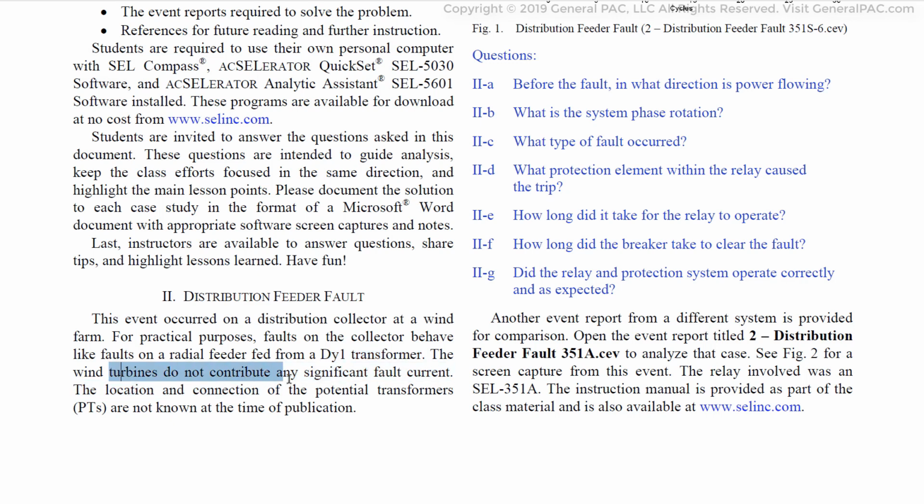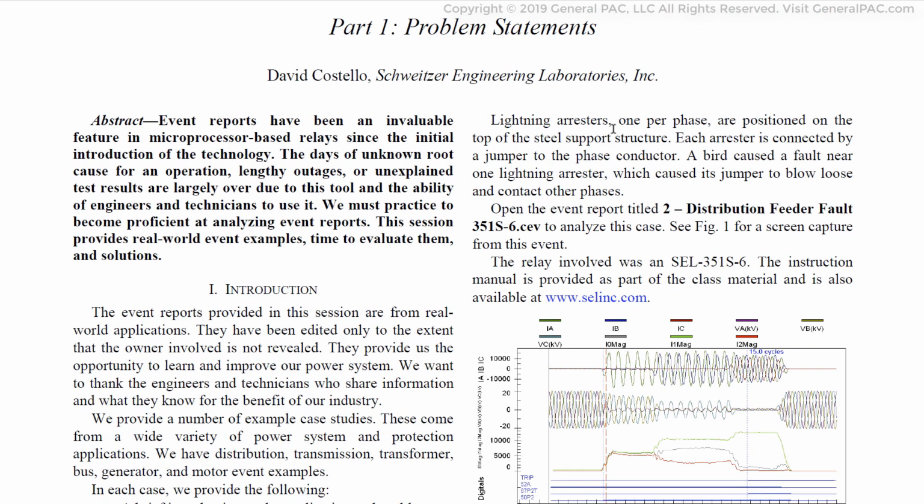So it's our typical delta-Y transformer connection in the United States. The wind turbines do not contribute any significant fault current. The location and connection of the potential transformers (PTs) are unknown at the time of the publication. A lightning arrestor, one per phase, is positioned on the top of the steel supported structure. Each arrestor is connected by a jumper to a phase conductor.